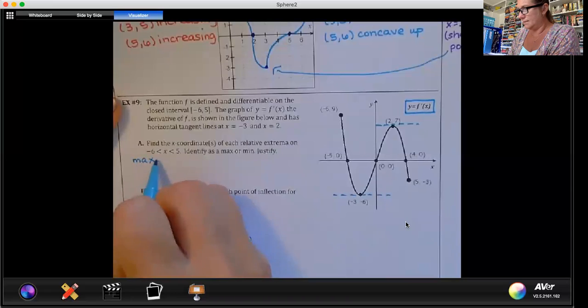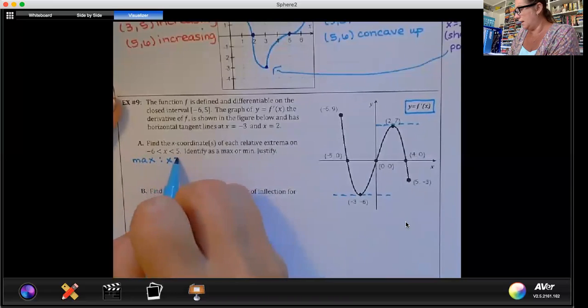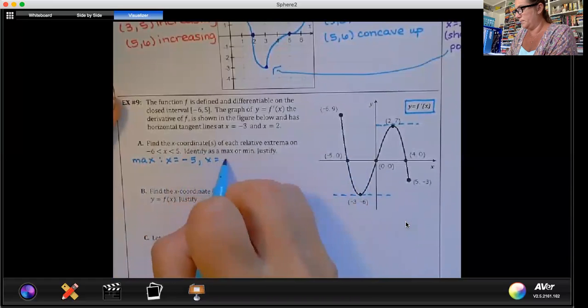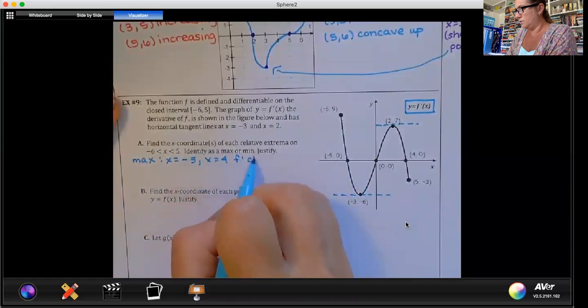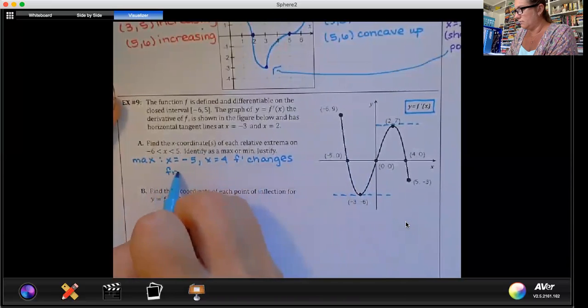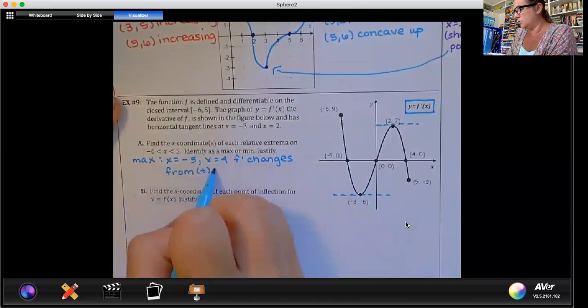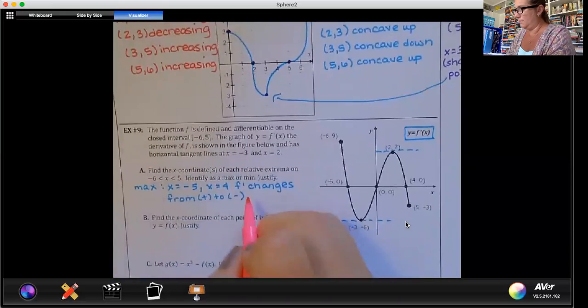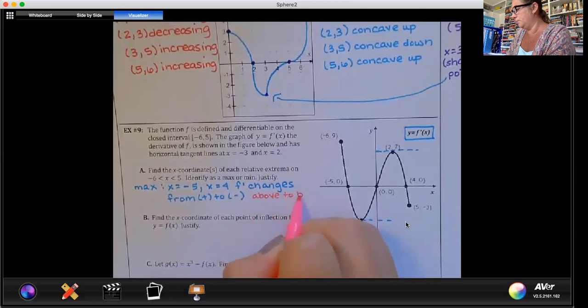So we're going to have maximums at, maximum is positive to negative, so negative 5 and 4, because f prime changes from positive to negative. Remember on the graph of f prime, that is above to below.